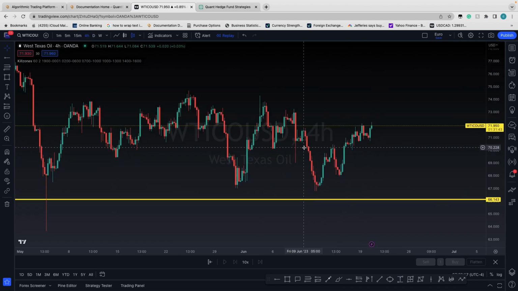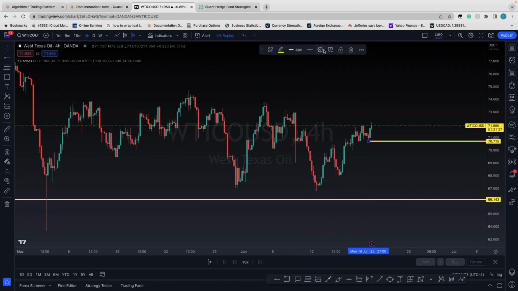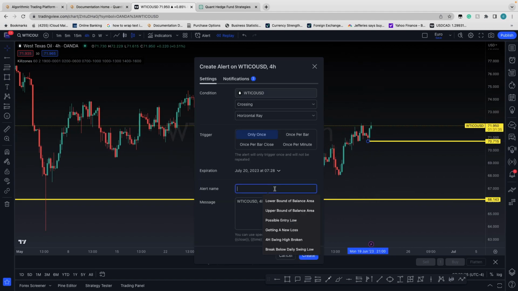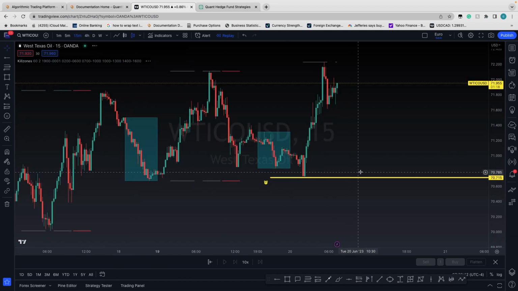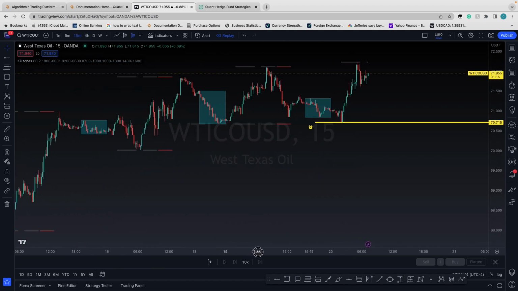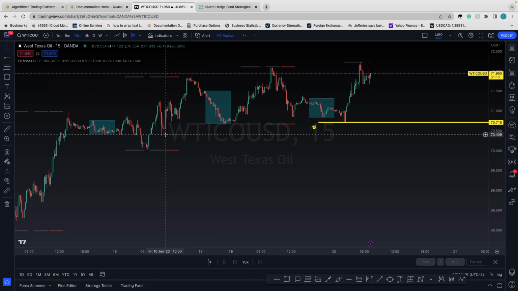But I'll look to add in from an intraday perspective if and when we get a break below these 4-hour swing lows here on oil, right? And then the nice part is we would actually get into what appears to be a very nice area, and likely is a nice area on the 15-minute as well, which we can confirm here, because what do we have?